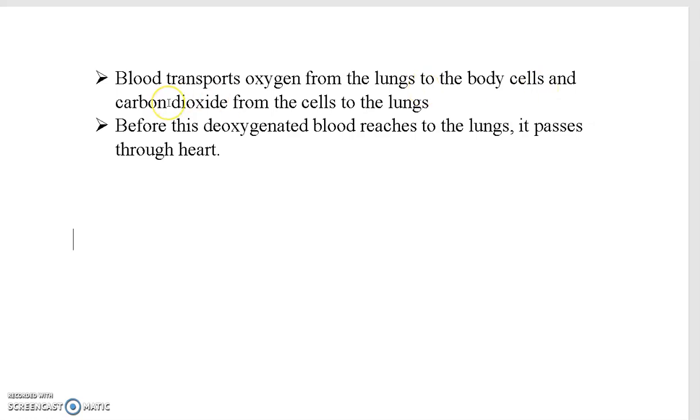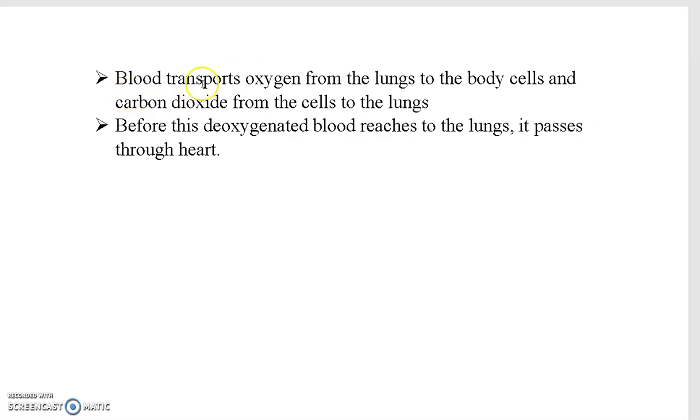And when it transports oxygen to the body cells, it also takes carbon dioxide from these cells, and this carbon dioxide rich blood goes to the lungs. Carbon dioxide rich blood means deoxygenated blood, and oxygen rich blood means oxygenated blood.